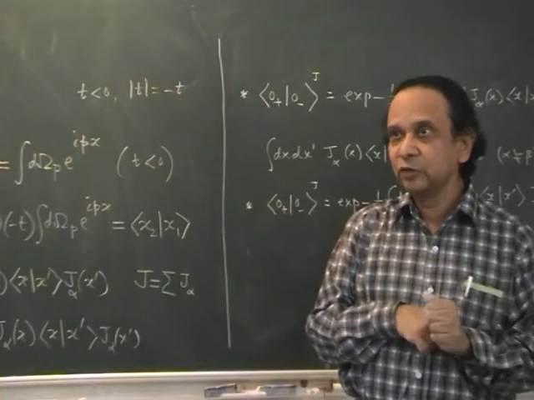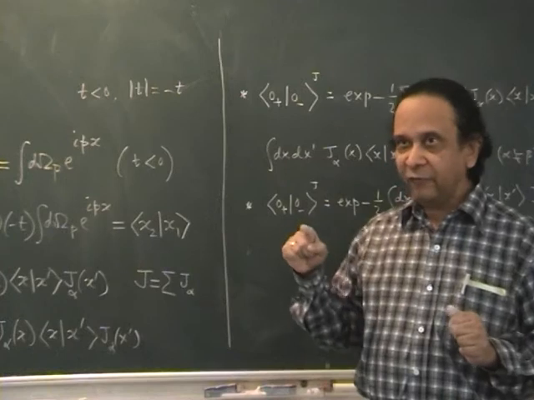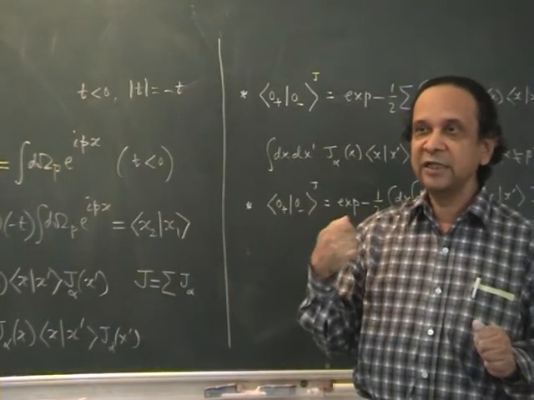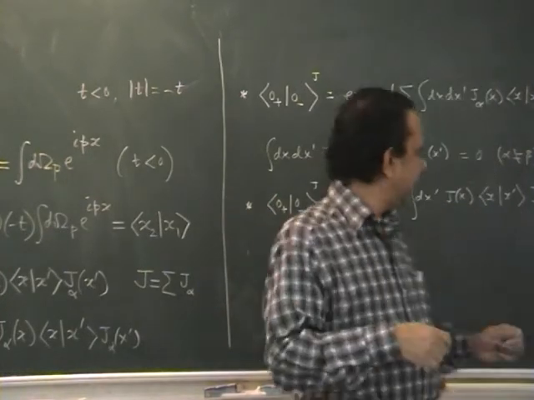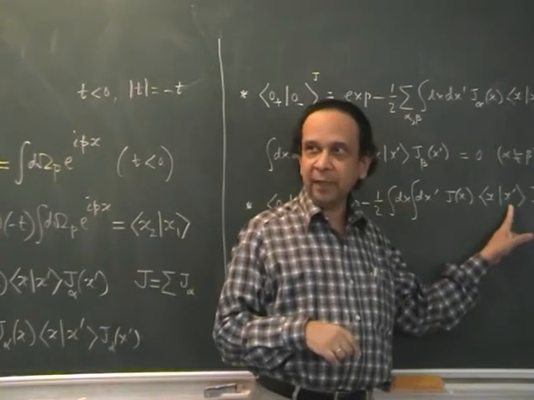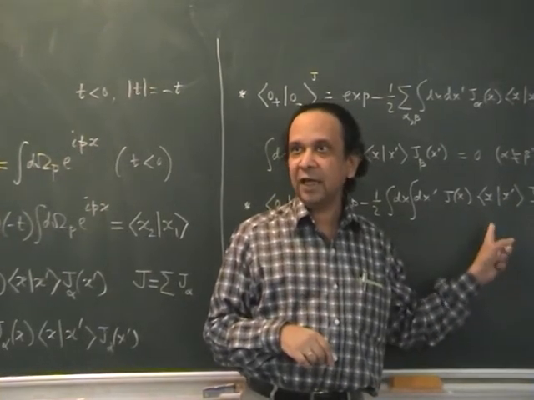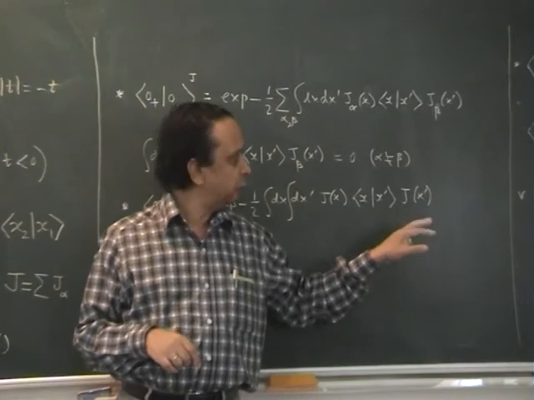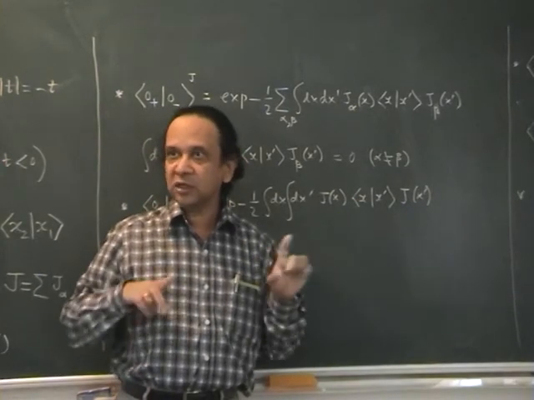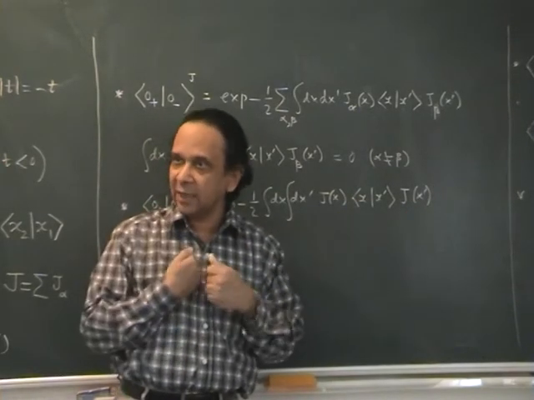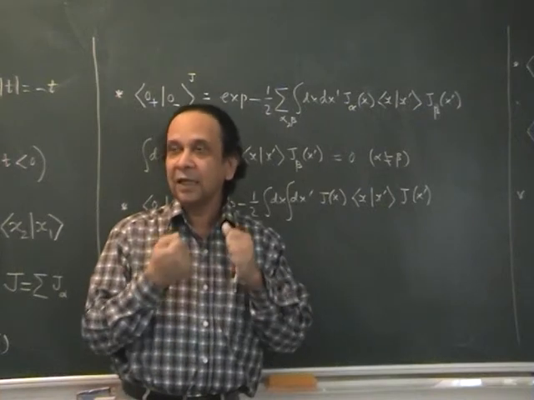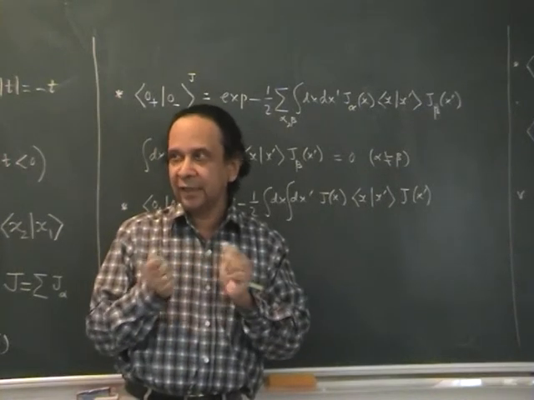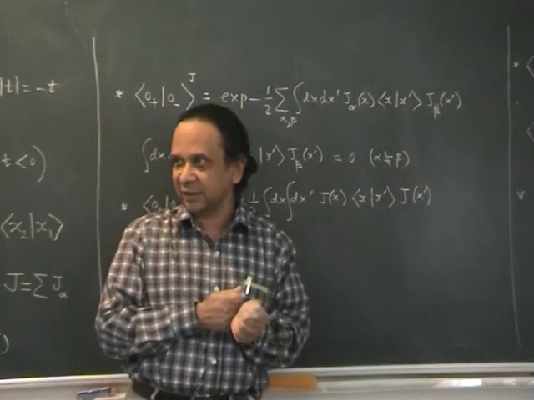And the moment you do that, the forward propagation and backward propagation get tied together. Here, the x x prime, we know, comes with a theta of t and a theta of minus t. So the interaction between these two works both in the forward direction and in the backward direction. That is what you will find takes it away from the mass shell.